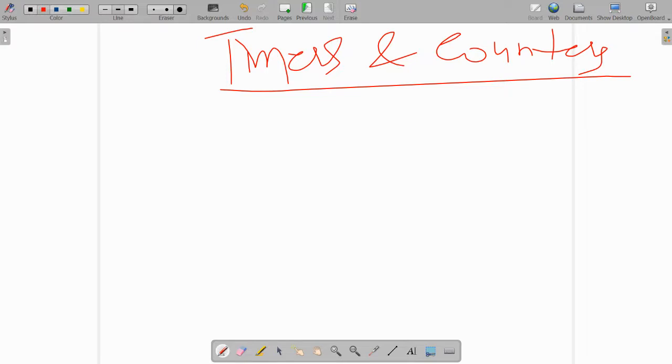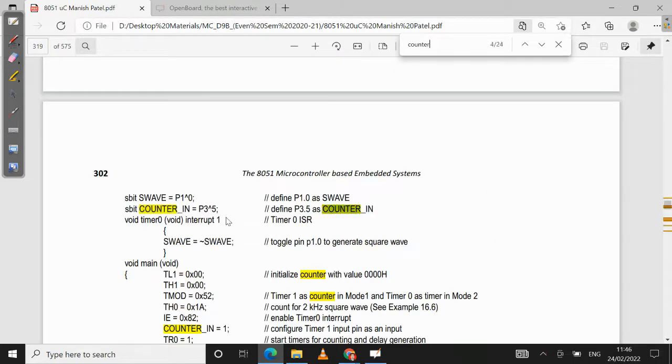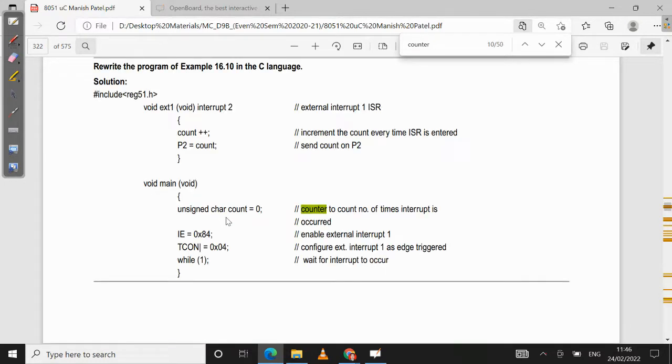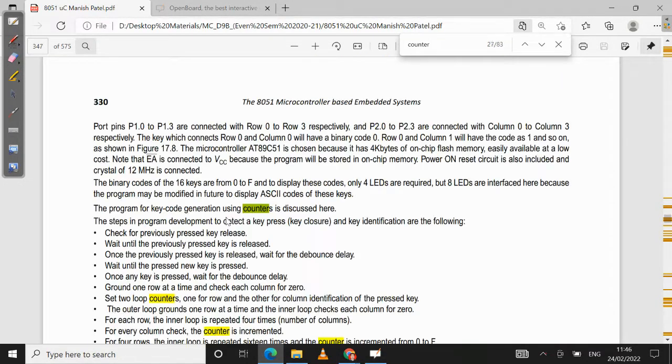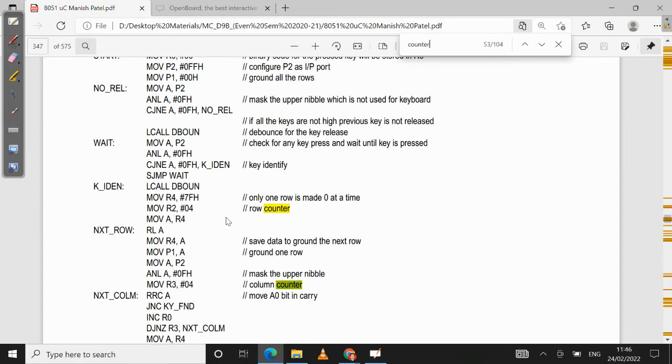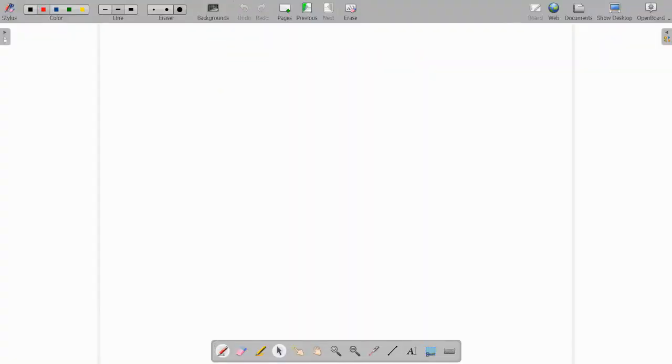Okay. Now regarding the timer and counter, before I proceed further, एक बात let me tell you, I have forgotten to explain that thing also.